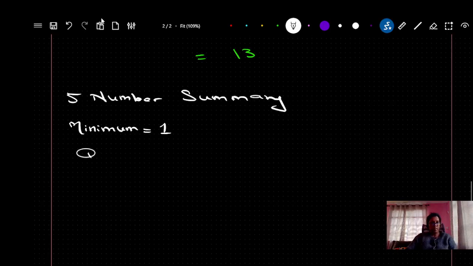Our Q1, what is the Q1? 3, right? We got 3. Then we have the median. Median is 5.